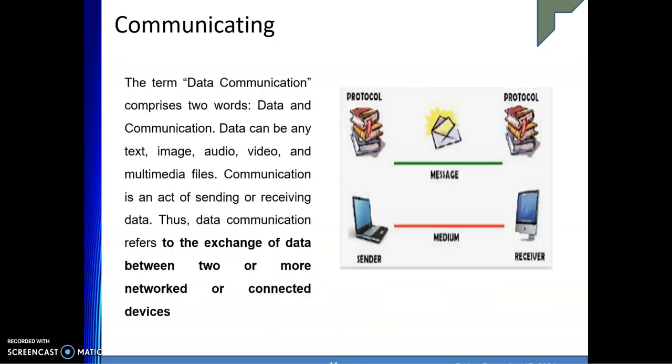Okay, so having said this, next comes communicating. The term data communication has two parts. One part is data, which we know, another is communication. Data can be anything, right? File, video, audio, and all this. And communication is nothing but sending. So data communication is nothing but exchanging of data.